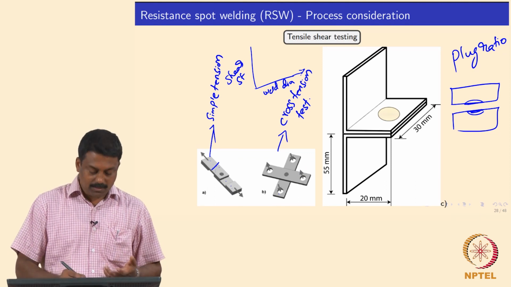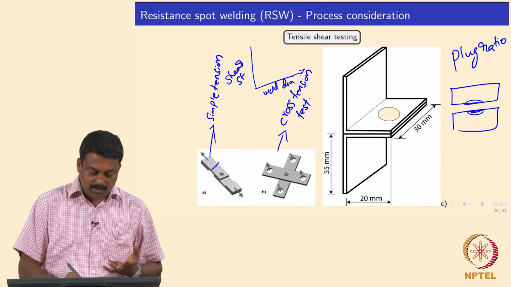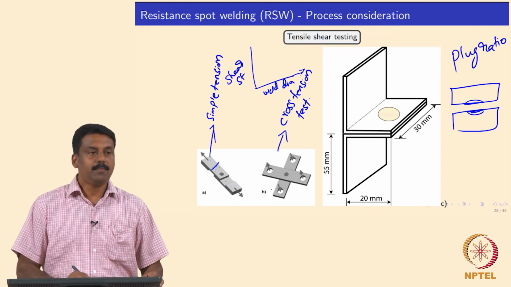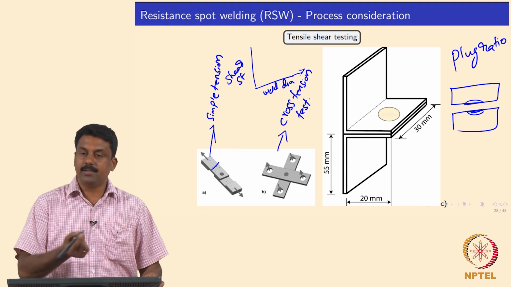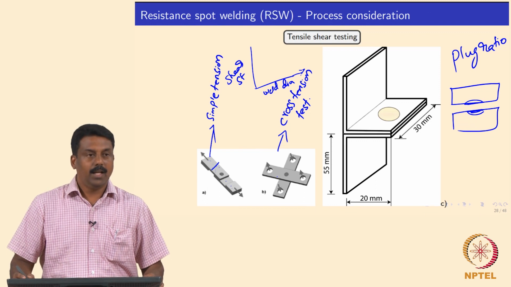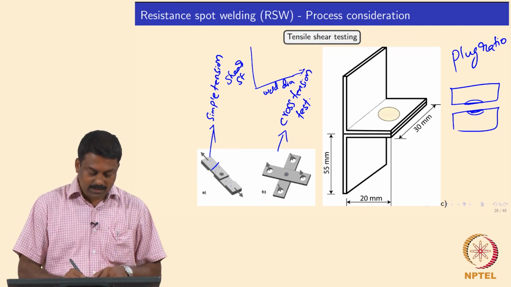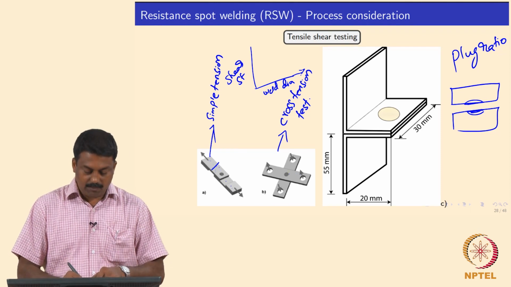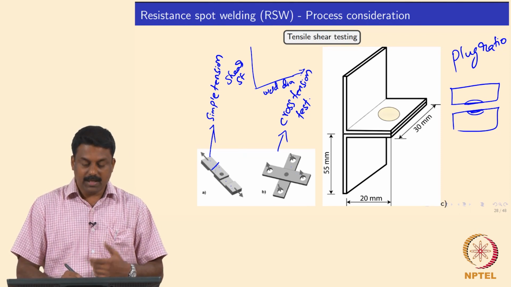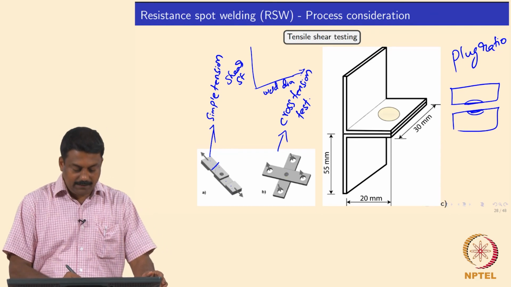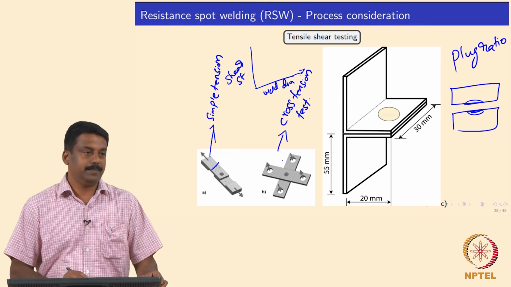So, in that case you also make sure that the load is concentrated majorly at the weld, and you identify the strength required to pull this interface apart, isn't it? And this will be slightly more accurate than the previous test in order to quantify the weld, because from the load only you are going to measure the strength. So, you can identify the strength of the weld.